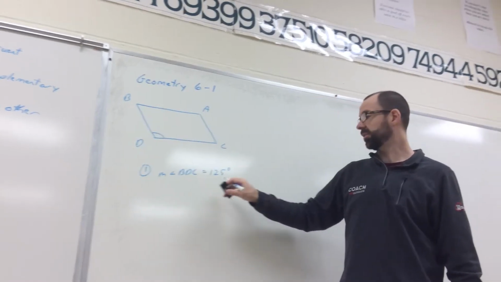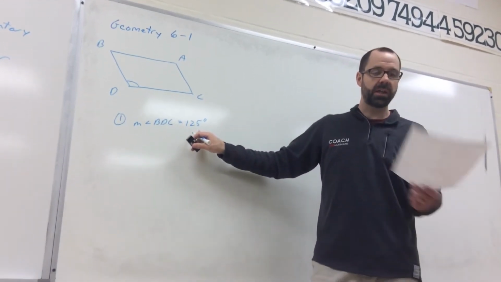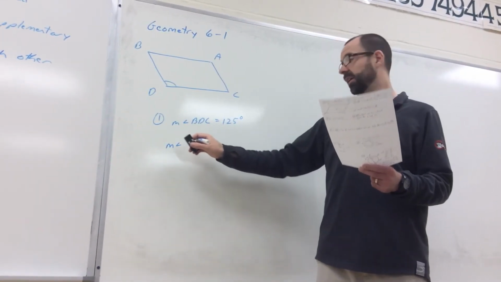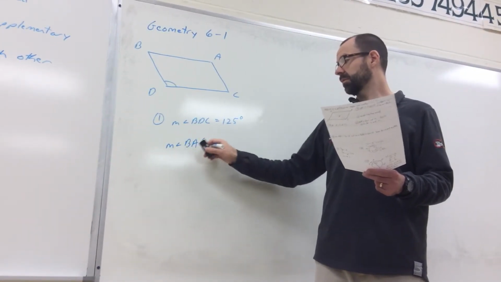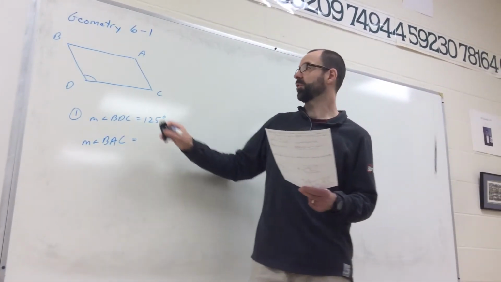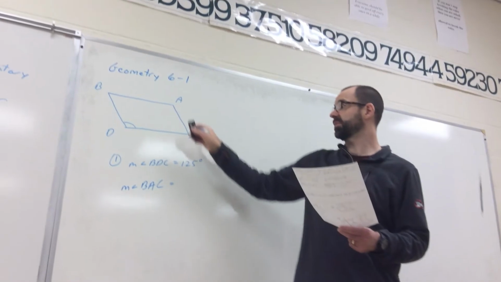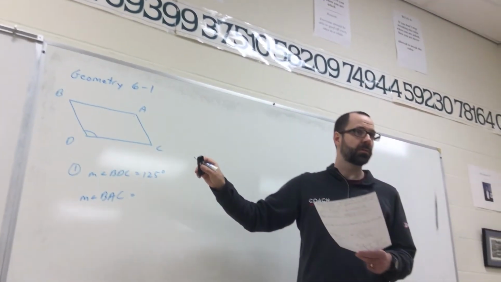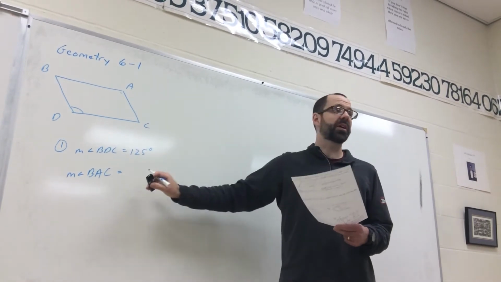BDC is 125. And the question is asking what is the measure of angle BAC. So they're asking B to A to C, which is this angle there. So what is the measure of that?